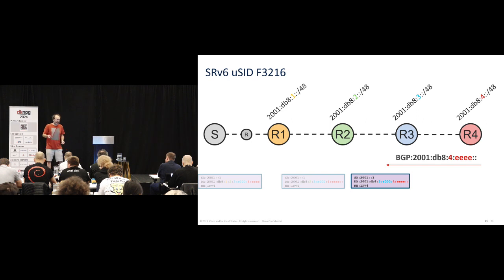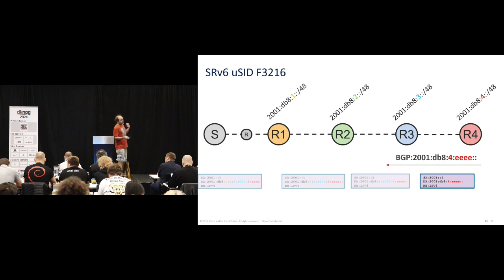Same way to router 3. Router 3, shift and forward. Now, because router 3's function is a little bit bigger, it's basically 32 bits or 2 times 16 bits, it will do the shift not by 16 bits, but by 32 bits. New destination, and send the packet out.